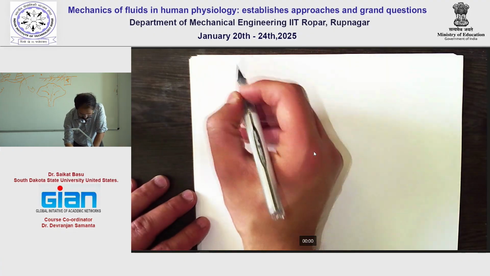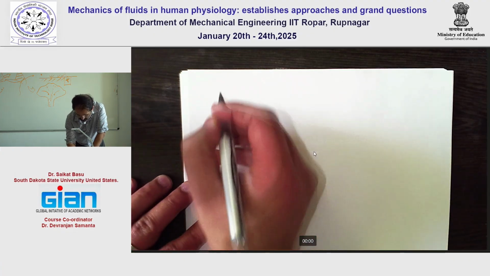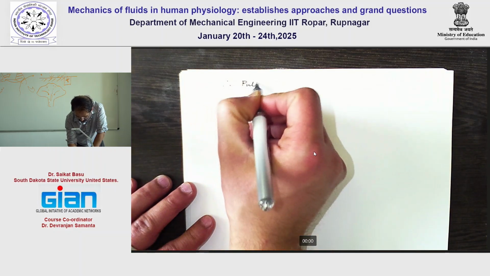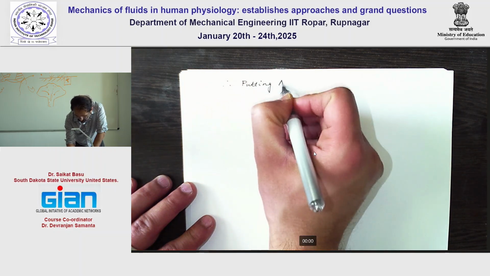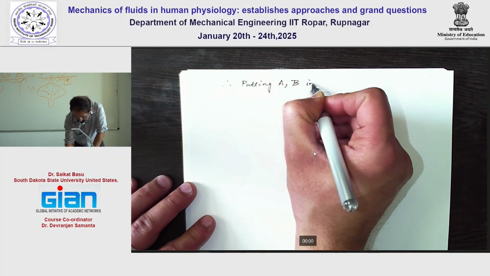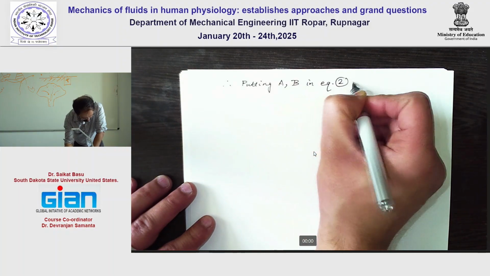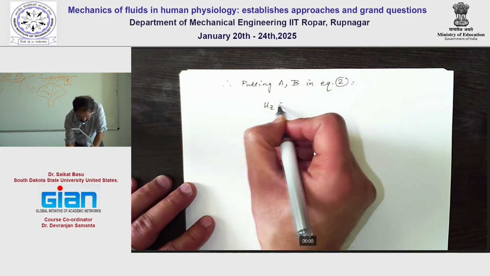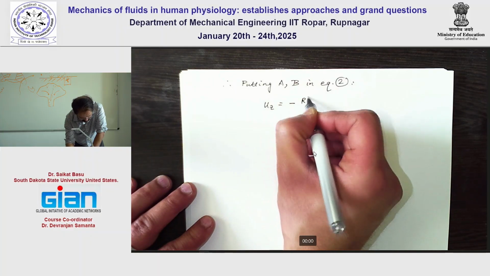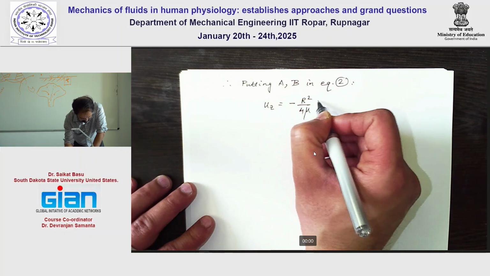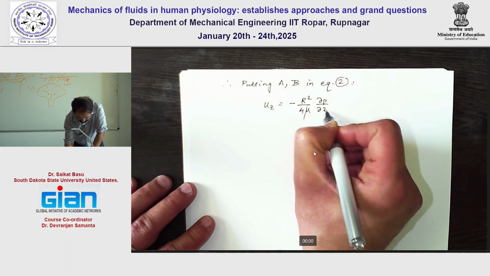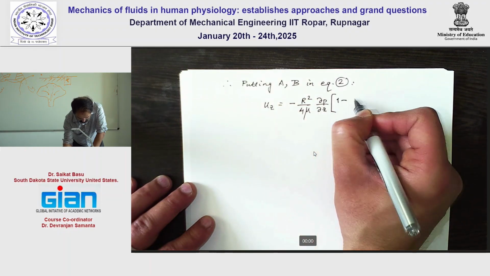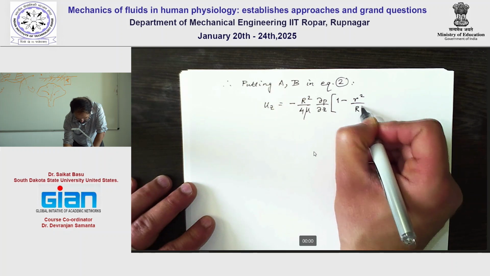So therefore, putting A and B in equation 2, we have uz is minus R square over 4 mu del p del z times 1 minus small r square over capital R square.